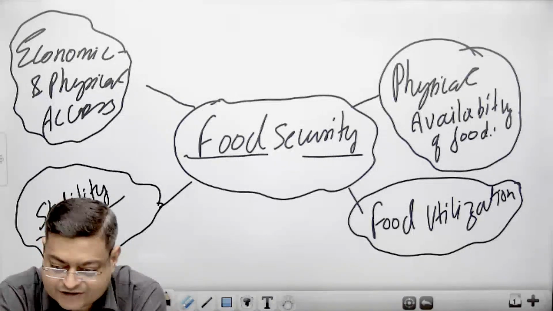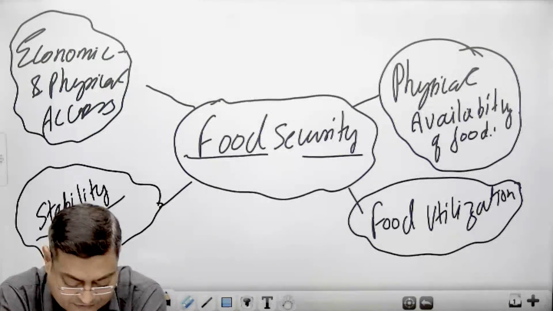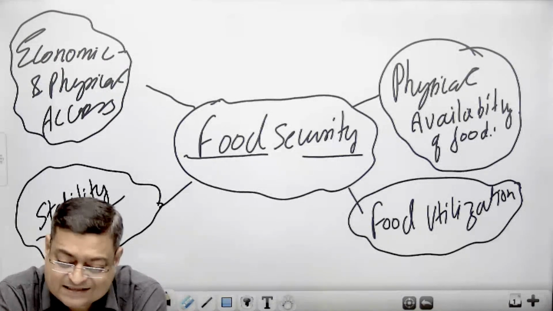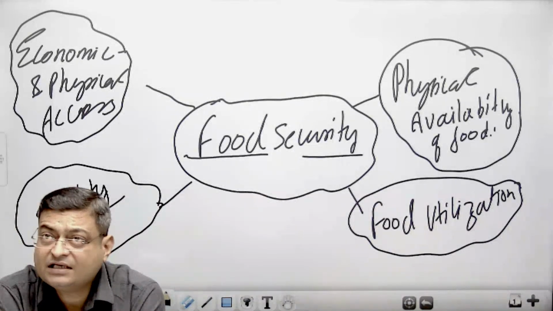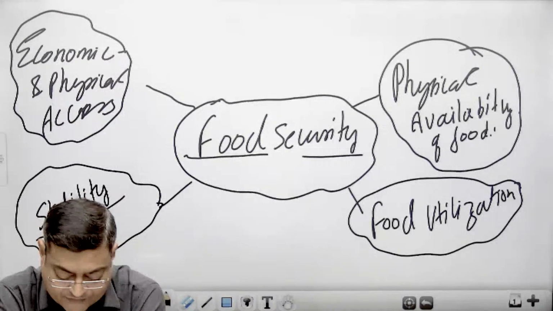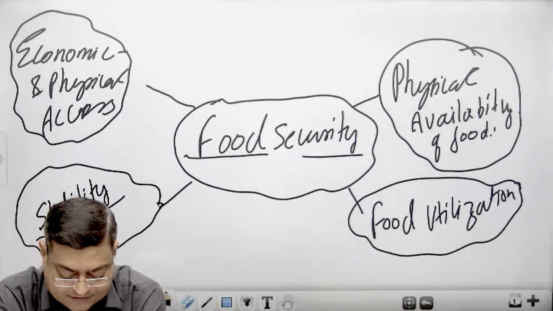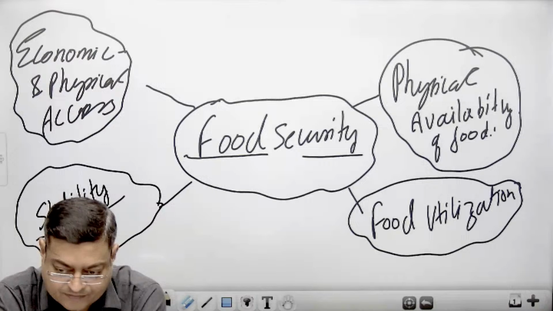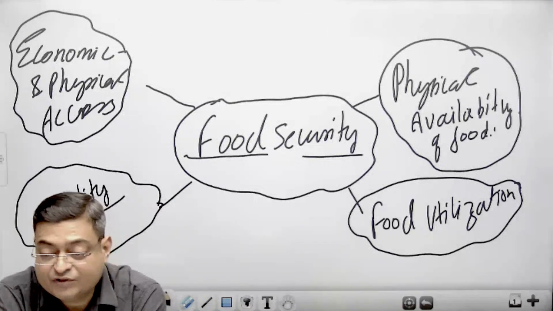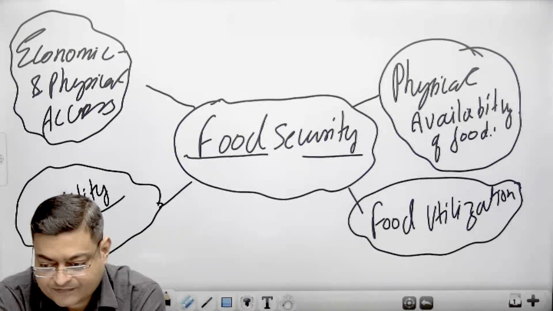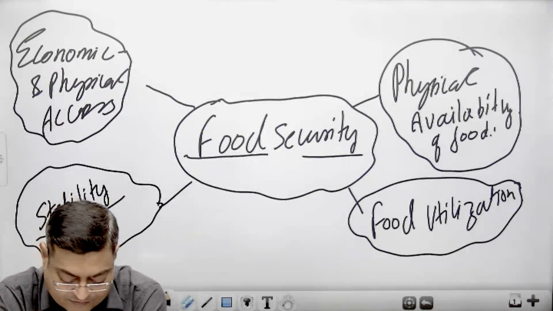Food utilization. It is commonly understood as the way the body makes use of various nutrients from the food.